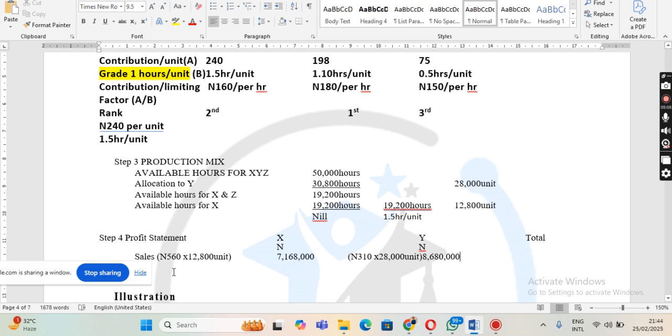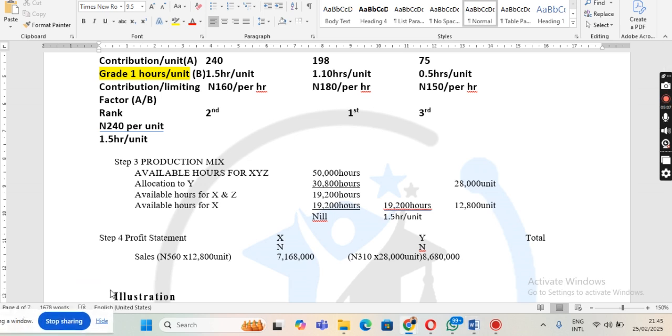After that, you have your variable costs. You can actually add the variable costs together and multiply by the units. We need to work smart, right?